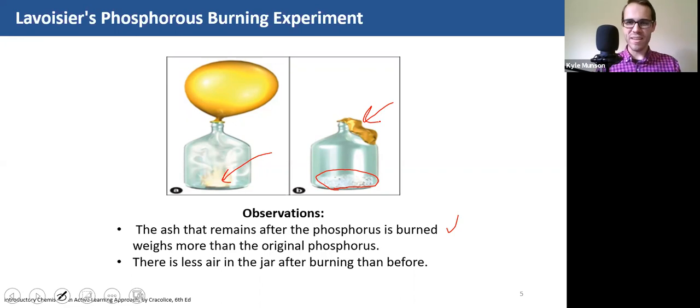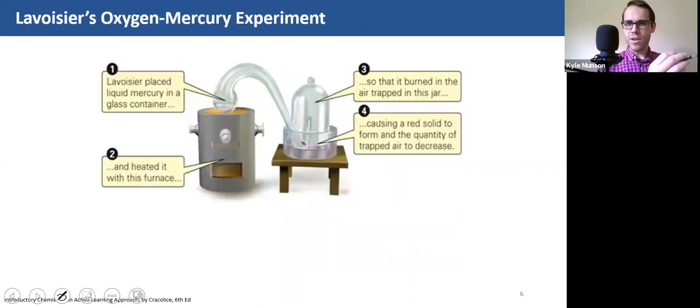What's happening? So, like any good scientist, Lavoisier did another experiment. So this time it's with mercury and oxygen. What he did was place some mercury in a sealed container and heat it up with a furnace. And that mercury burned in the air trapped in this jar. Okay?